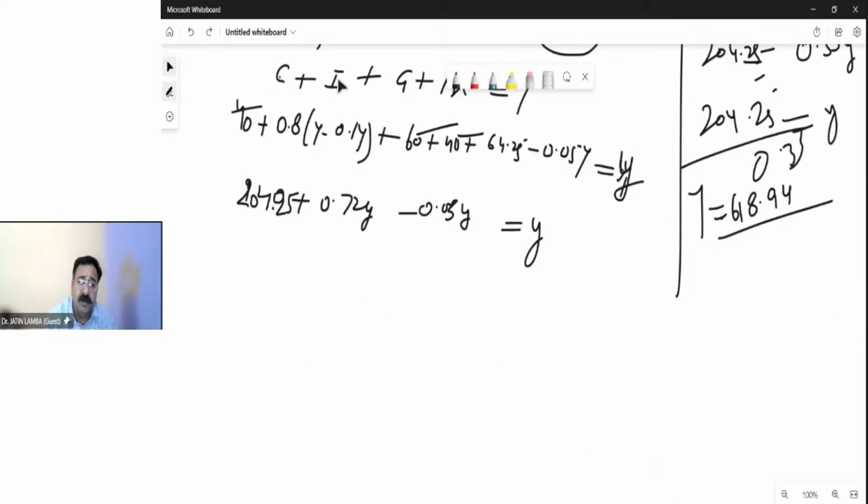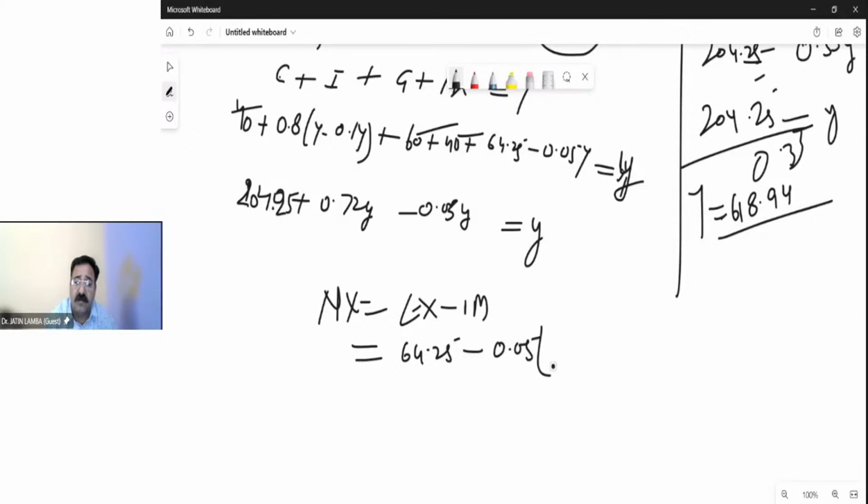Now net export will be export minus import. Export is the new export, 64.25, minus import, 0.05 of income 618.94.